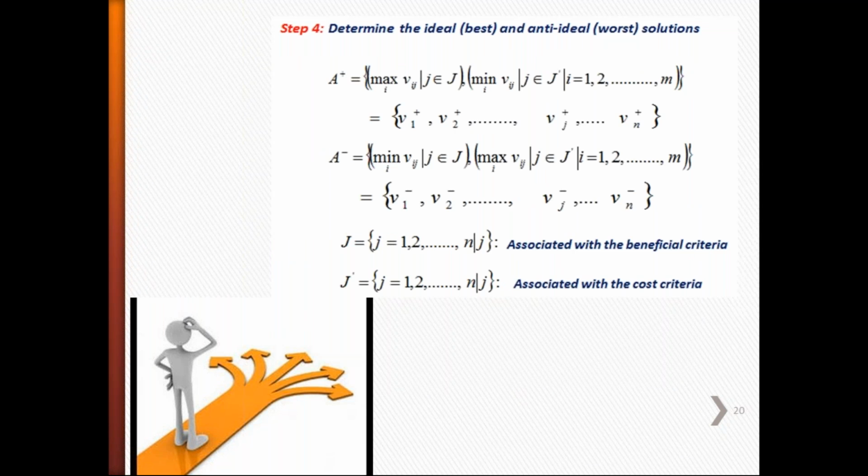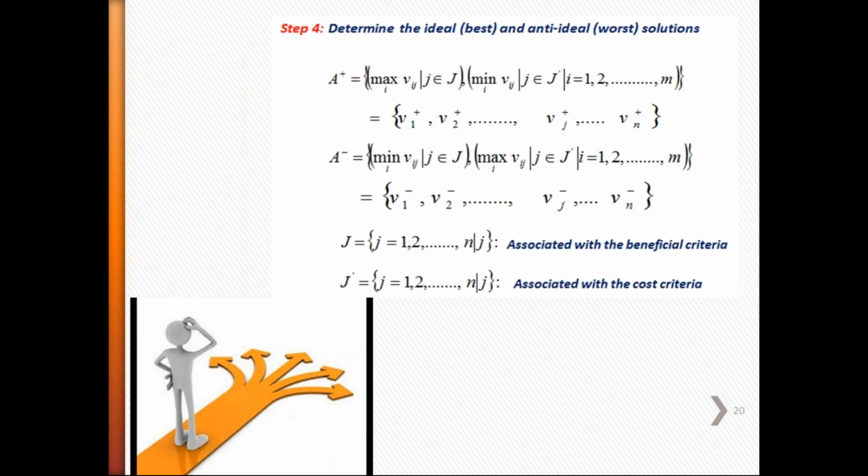So this is written here: A plus equals maximum Vij, i varying for a particular j, when j belongs to the set of benefit criteria, or you select the minimal value when j corresponds to the set J prime, that is the cost criteria.